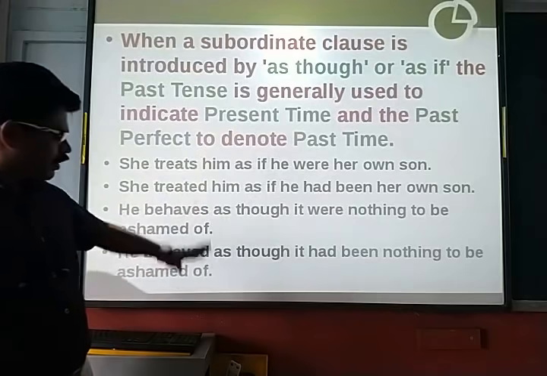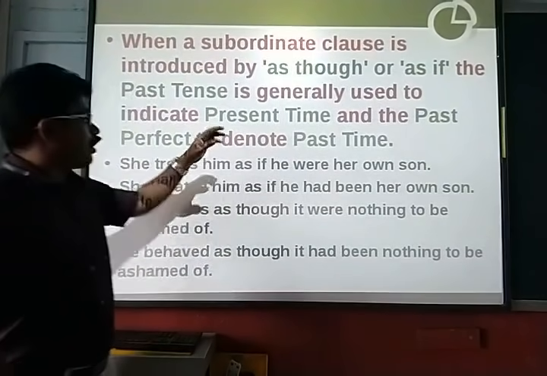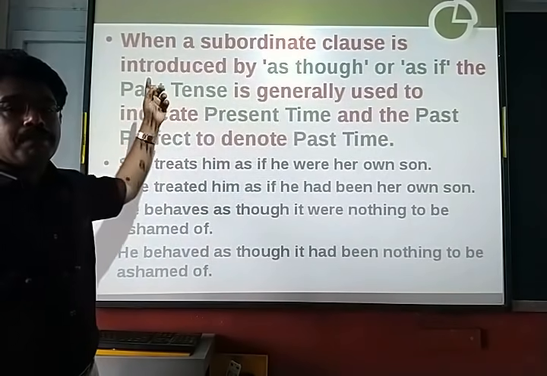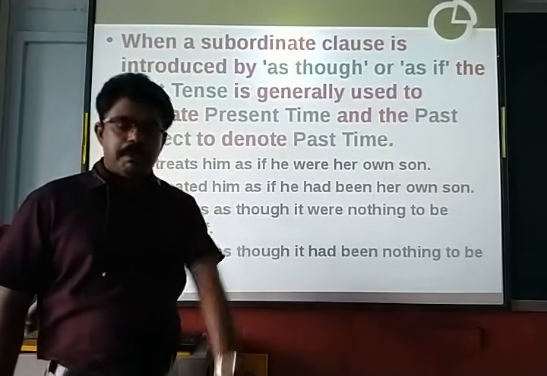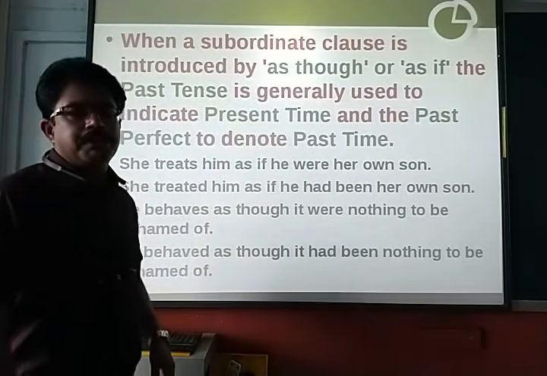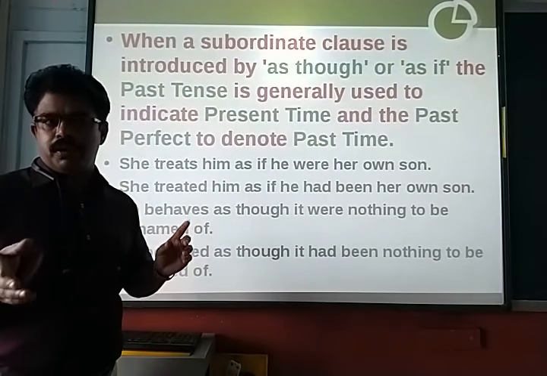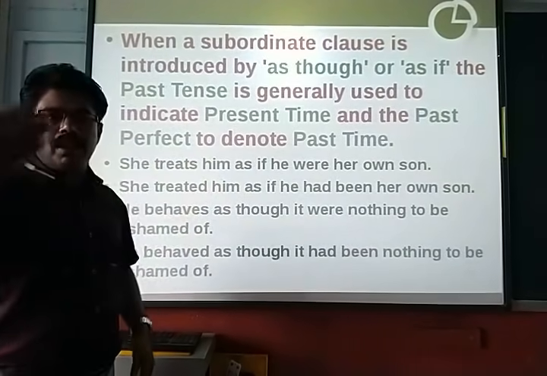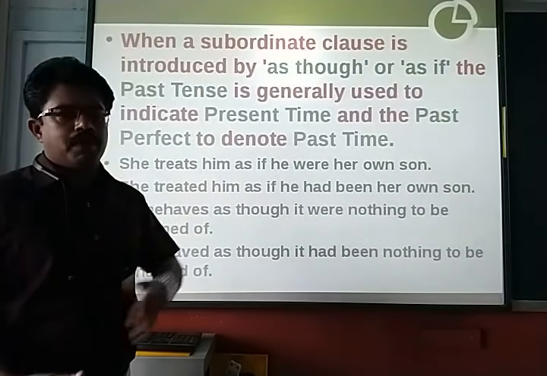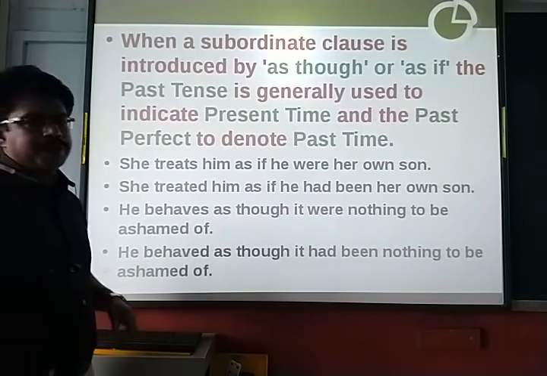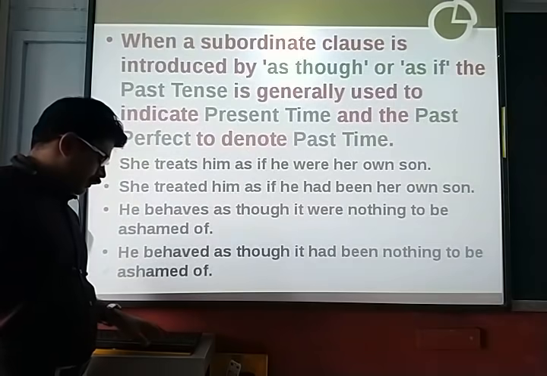So we said, if you are referring to the present time, you have to use past tense. If you are referring to past time, then you have to use past perfect tense. I hope it is clear to you. Just keep this rule in mind and apply it to what you are trying to refer to. If it's clear, we will move on to the next one.